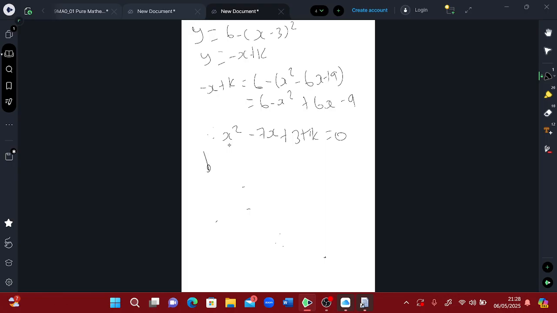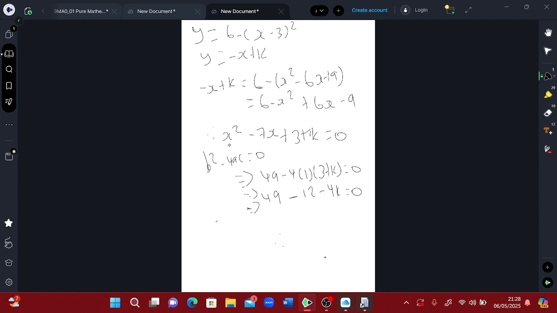So the discriminant implies that 49 minus 4 times 1 times (3 plus k) equals 0. 49 minus 12 minus 4k equals 0.